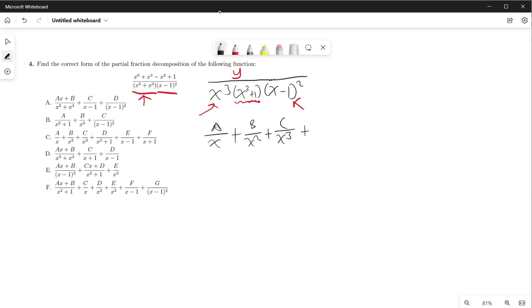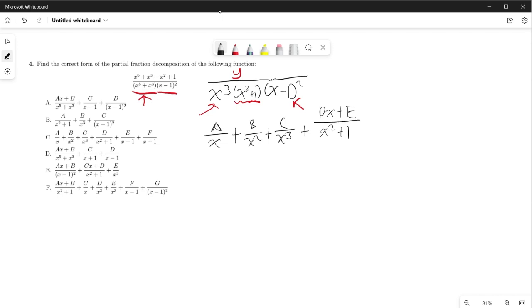But for the non-factorable higher power, since it only has one power outside, we will have just dx plus e.